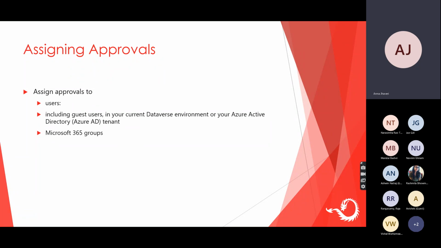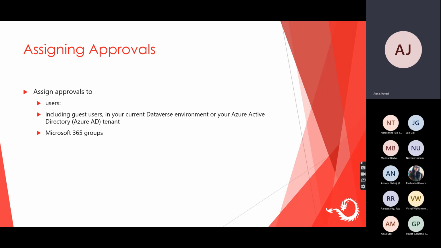For example, if you have groups for your departments already defined in your tenant, and you want to leverage those groups to assign approvals, then rather than assigning approvals to individual users by putting their individual names within the flow, you can just put the group name in the flow and have the flow send the approvals to all of the group members.